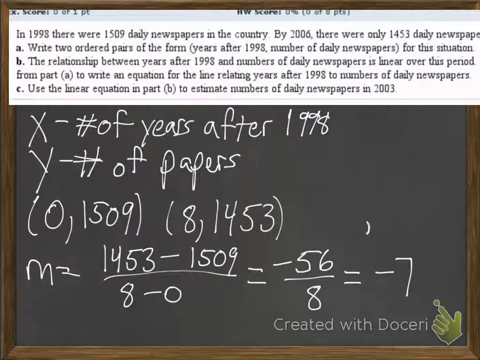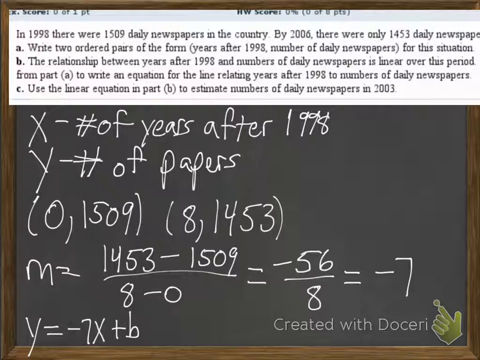Now once we know our slope, we can then plug that slope into our formula, just like we've been doing.